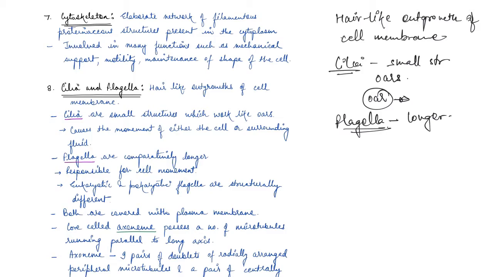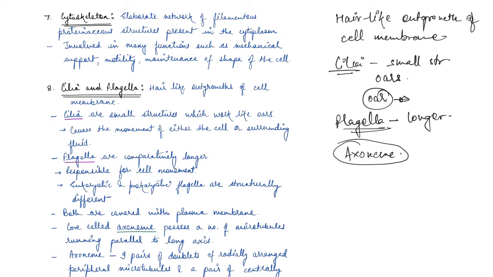And the core of cilia and flagella is known as axoneme, right? This axoneme possesses a number of microtubules which are running parallel to the long axis.